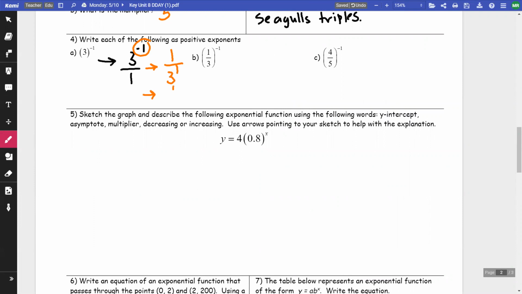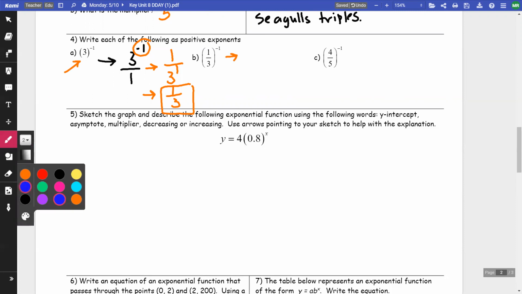And 1 over 3 to the 1 is just 1 over 3, so 1/3. Now this one here, when I have something like this, a negative exponent, again, what it really means is make the reciprocal. So right here, this is saying, hey, what is the reciprocal? I'll write in a different color.